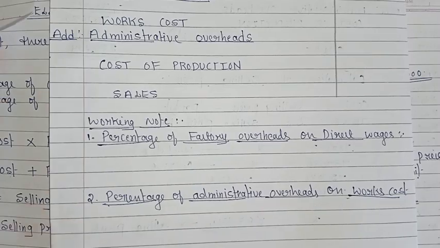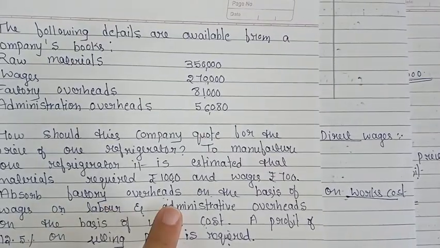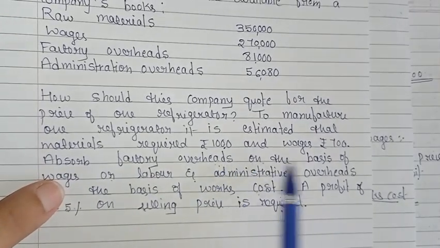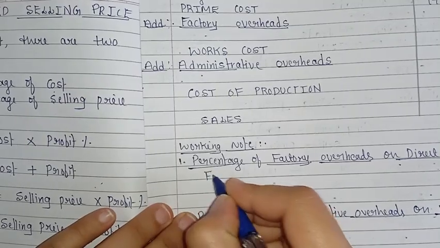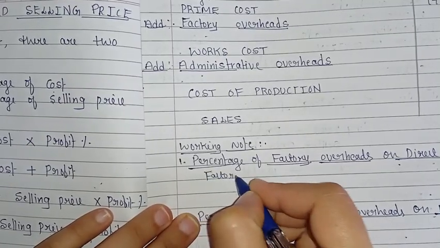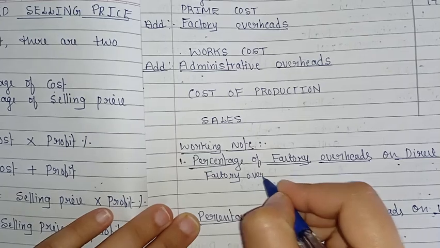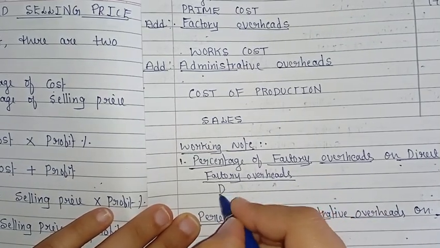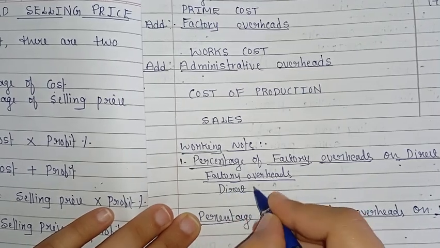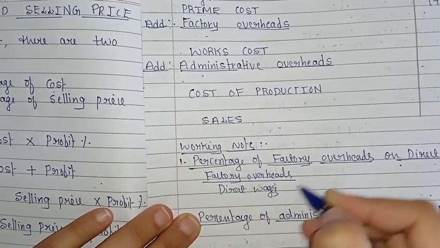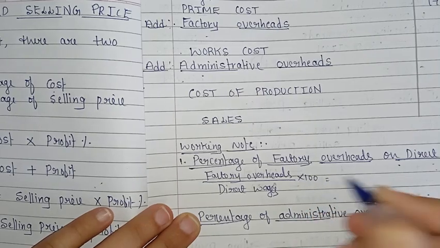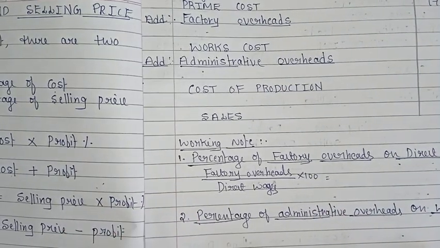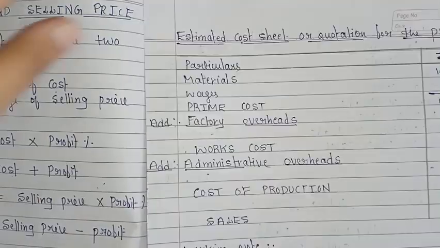See the formula: factory overheads on the basis of direct wages multiplied into 100 equals to factory overheads percentage.